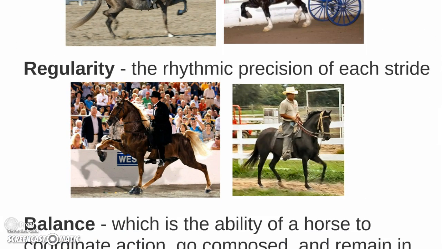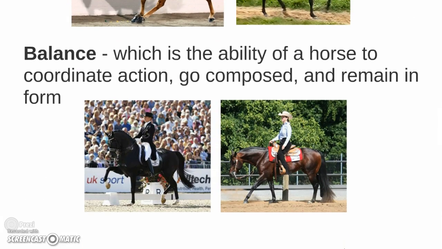Regularity: the rhythmic precision of each stride. Balance: the ability of a horse to coordinate action, go composed, and remain in form.